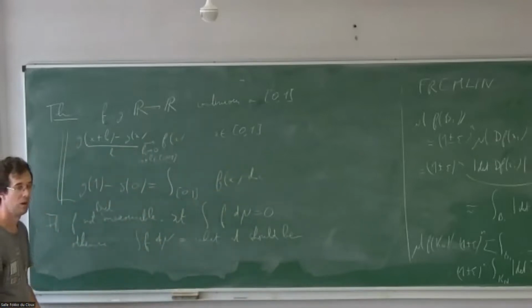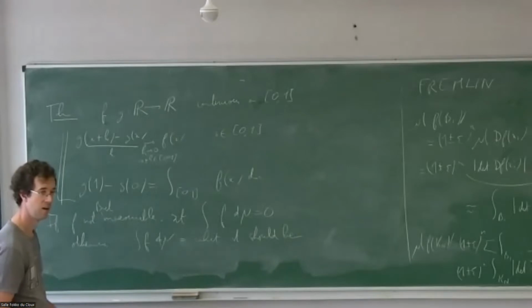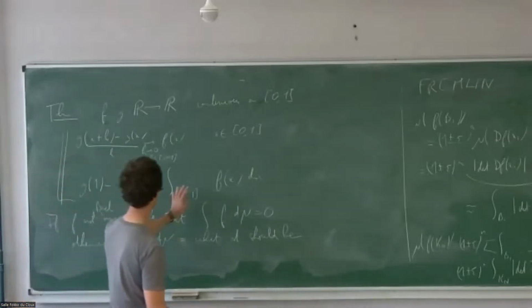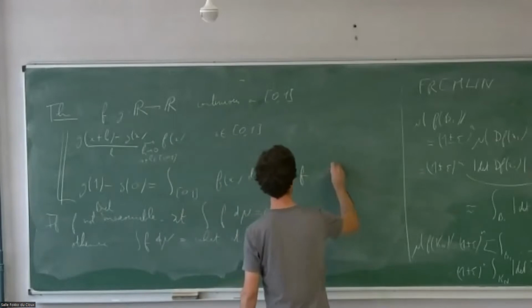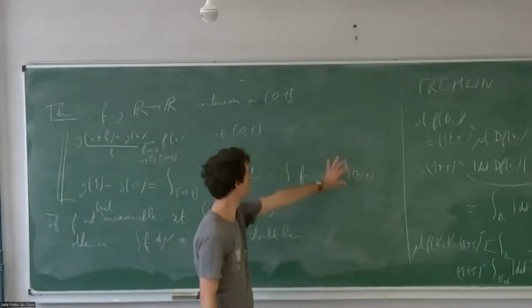But doesn't the integral over [0, 1] mean the integral of f times the indicator function of [0, 1]? No, because that's a good question. What this really means is that it's the integral of f with respect to some measure, which is the Lebesgue measure. This is a measure, and you integrate the function f with respect to this measure.